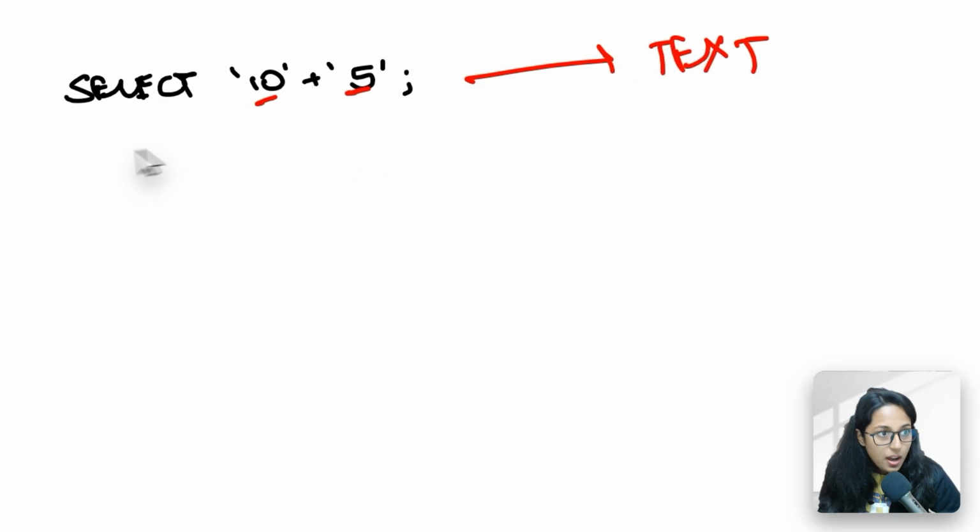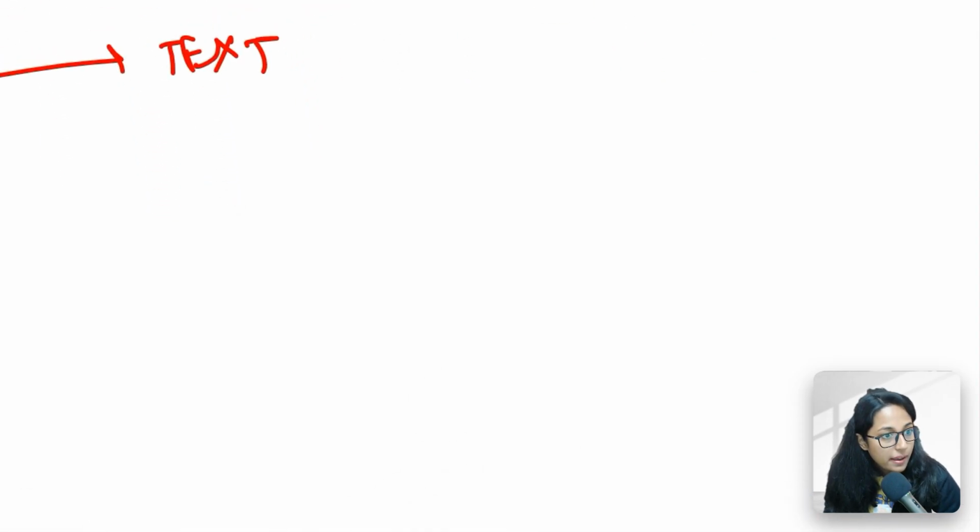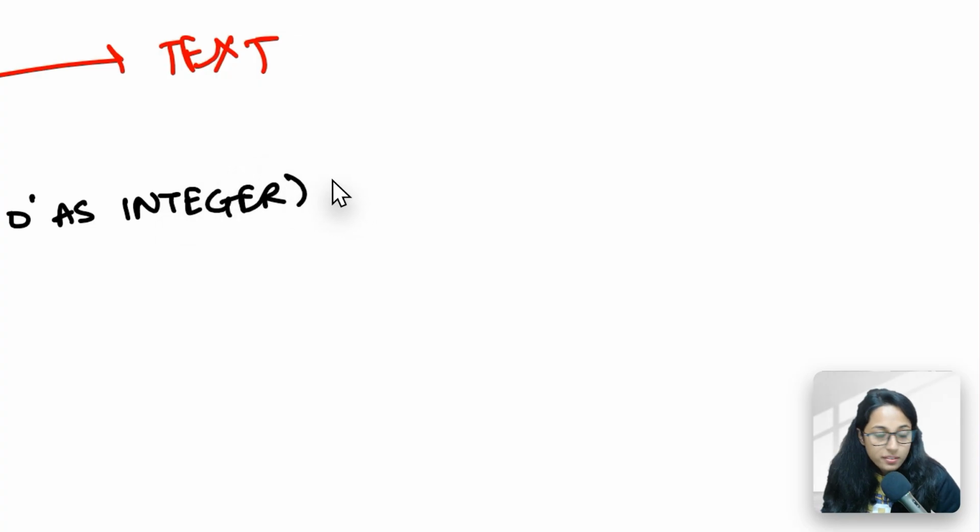Using cast, how can we do it? So let us try to use cast. Then I can write the same query as select. I would write cast and I would mention integer. Okay, and in a similar way, I would write it for my 5 as well.